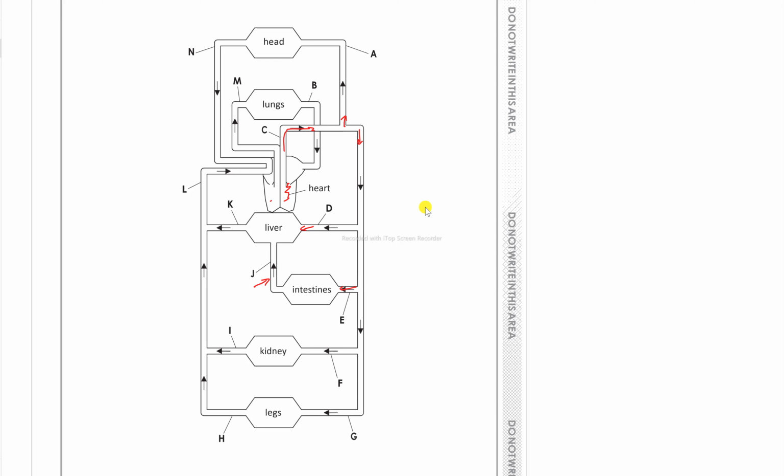It goes to the liver. It's called the hepatic. When you use the word hepa, it's to do with the liver. Remember what we said about kidney? It's renal. Lungs was pulmonary. And the heart was cardio.